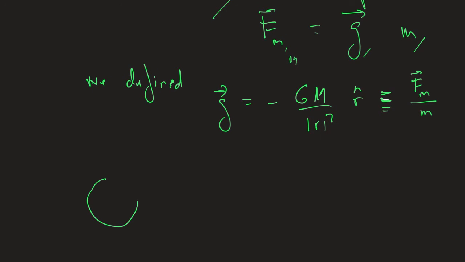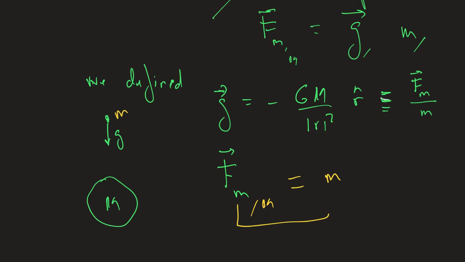You have the mass M. The mass M creates G. And when I put the mass little m here, the force on little m due to M is the mass little m by G.